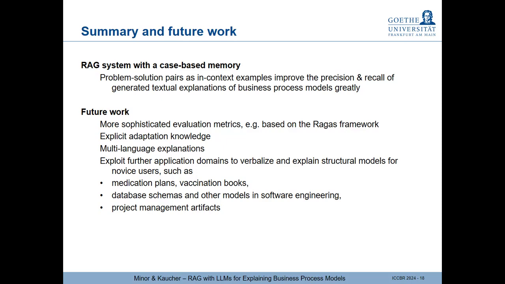We have observed that the prompt chaining leads not to an adaptation of the results, but to a regeneration. So maybe inserting adaptation instructions into the prompts would help to have a real adaptation instead of regeneration only.